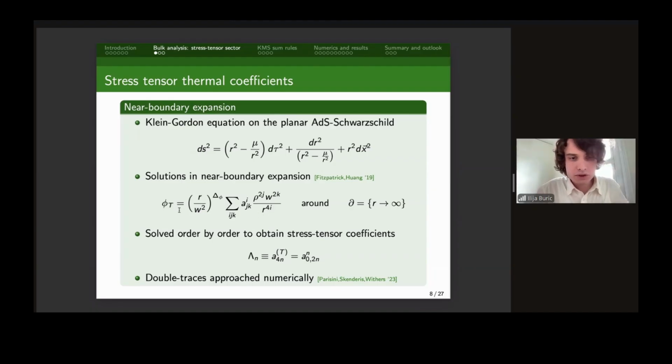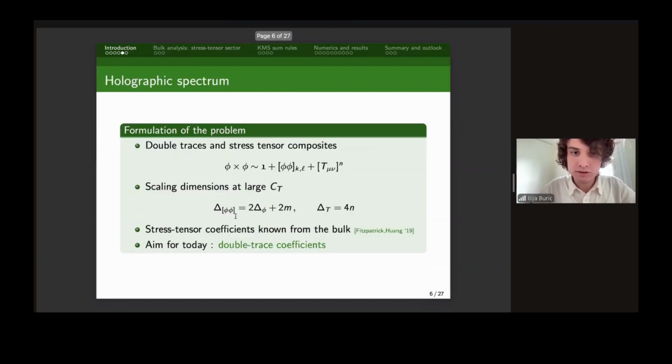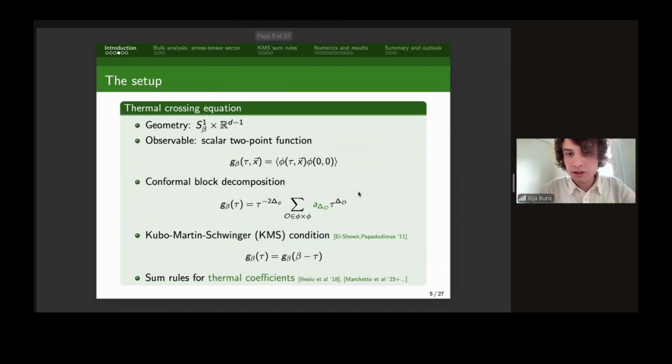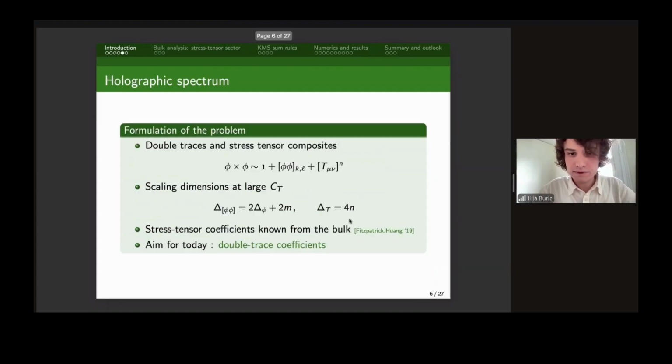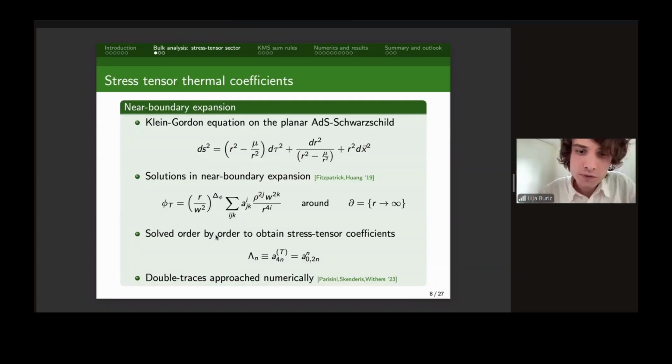What you observe when you then push this ansatz to the boundary is actually that you will only get blocks corresponding to stress tensor operators, multi-stress tensors. So the interpretation is that this ansatz only captures the so-called stress tensor part of the two-point function. So in the conformal block decomposition, it would only include the stress tensor blocks.